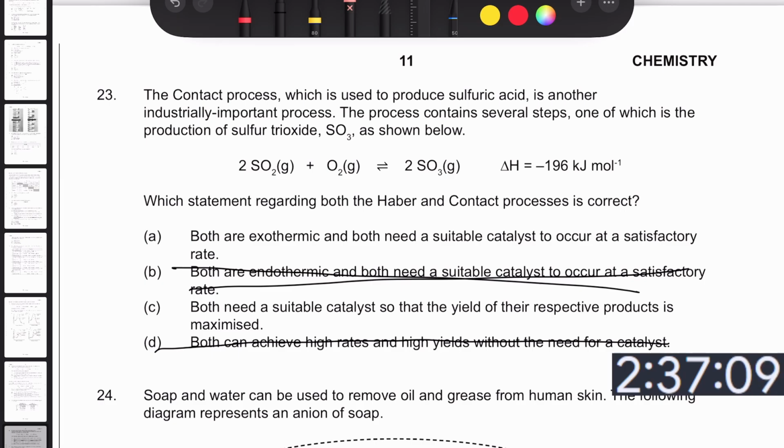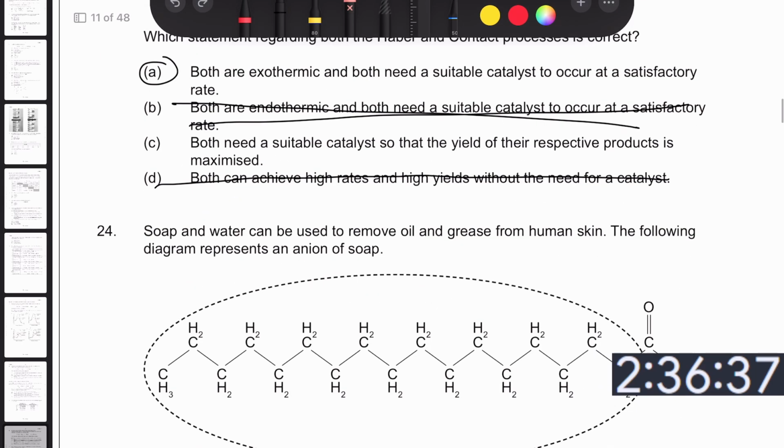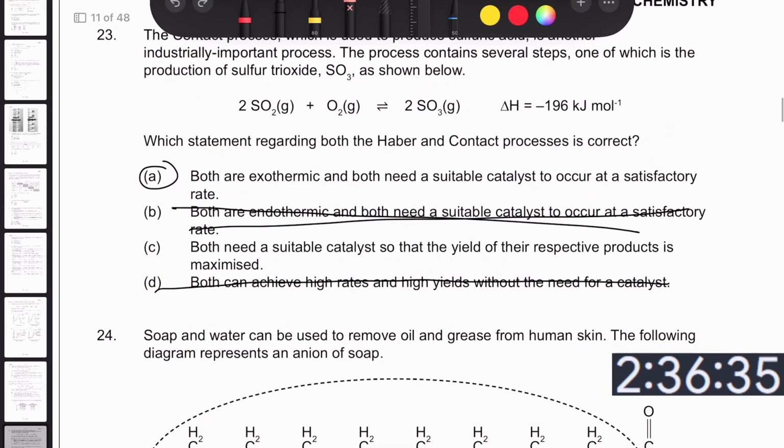Exothermic and both need a suitable catalyst to occur at a satisfactory rate. I don't think C is a good explanation. I think it's going to be A, because I just don't think that talking about catalyst and the yield without also talking about reaction rates is a good explanation. So I'm going to go with A.